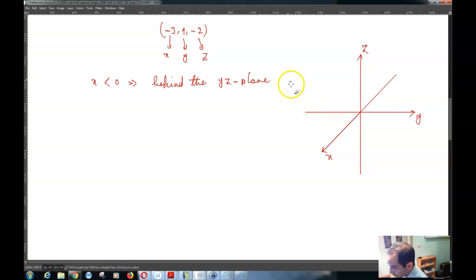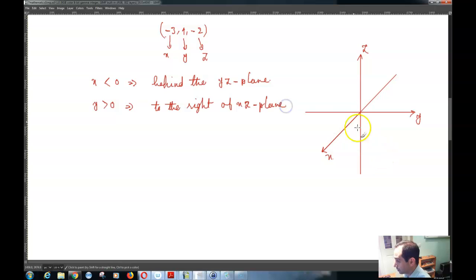Then since your y is positive, you're to the right of the xz plane, so behind the yz plane and to the right of the xz plane.